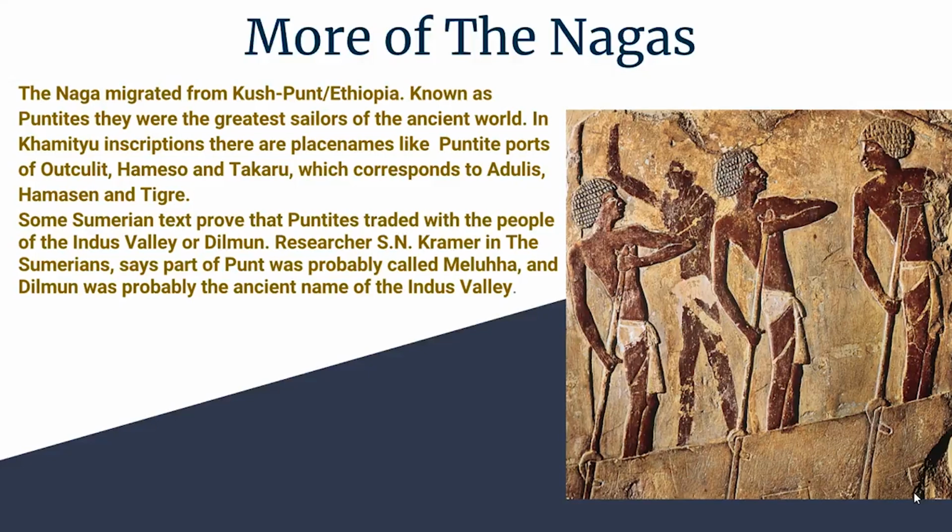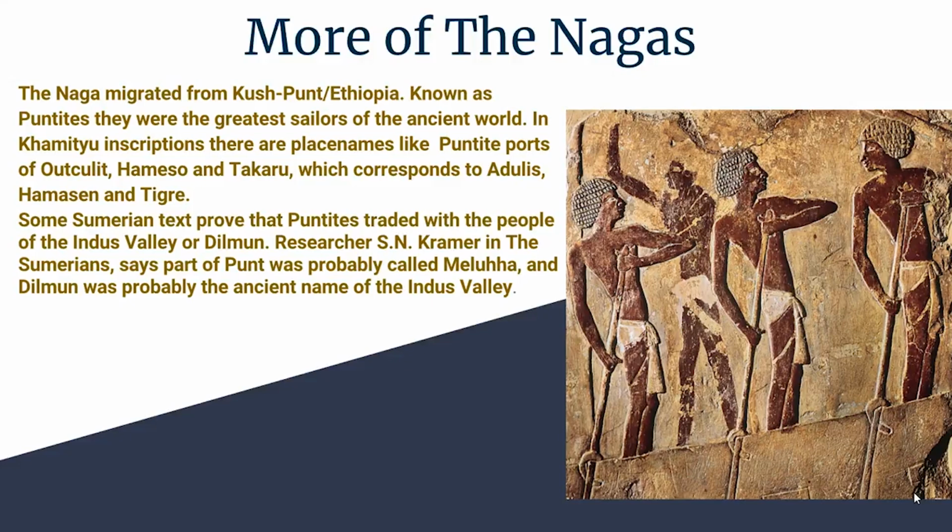Some Sumerian texts prove that Puntites traded with the people of the Indus Valley or Dilmun. Researcher S.N. Kramer, in his book on the Sumerians, says part of Punt was probably called Methula, and Dilmun was probably the ancient name of the Indus Valley.